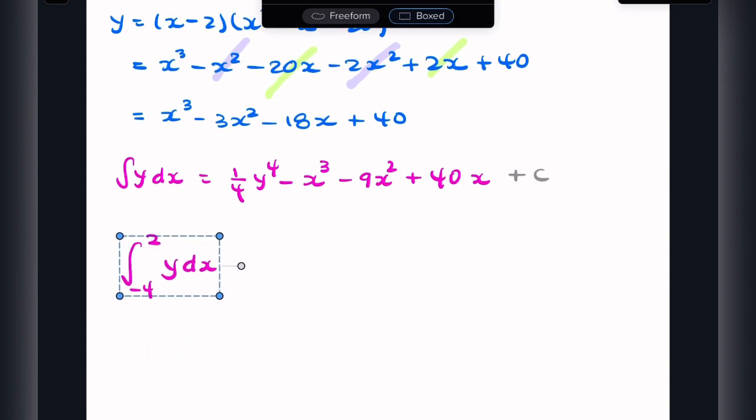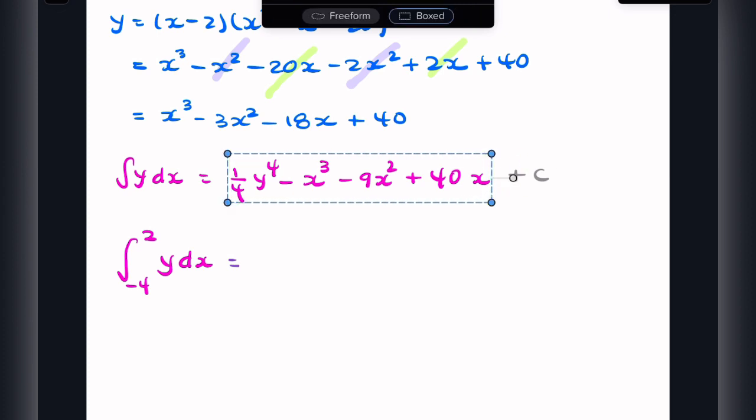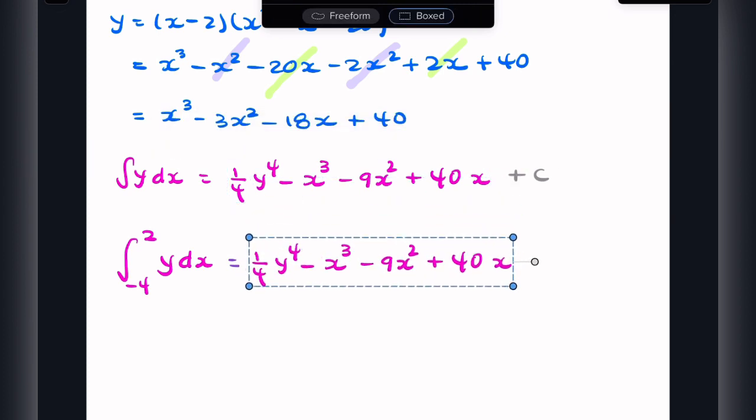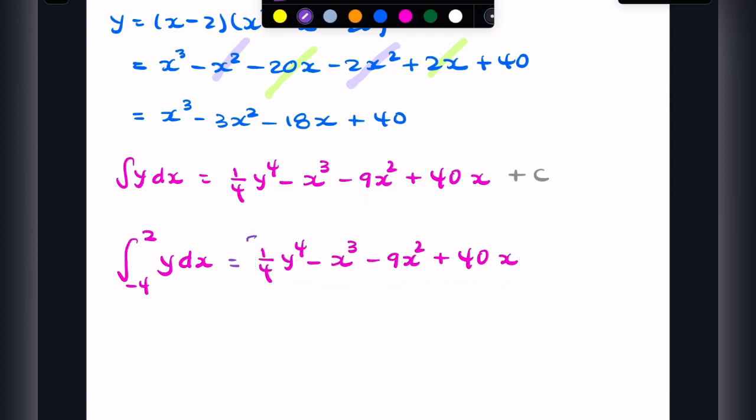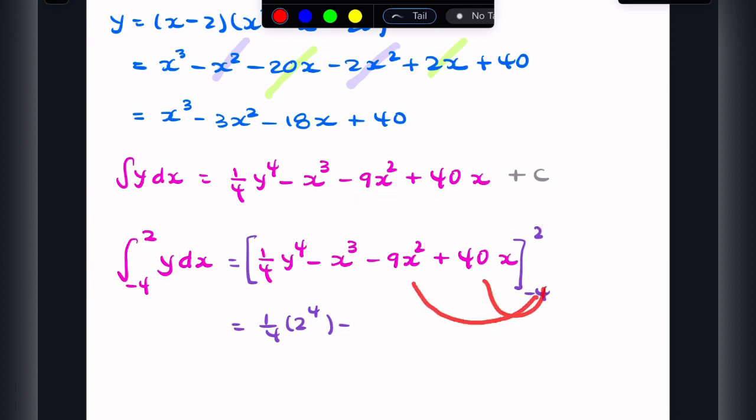So let's find each of these definite integrals one by one. My first area here, I can write as this but with the limits minus 4 and 2. So that'll be 1 over 4, 2 to the power 4, because I'm substituting 2 into each of these x's, and then I'll substitute minus 4 into each.